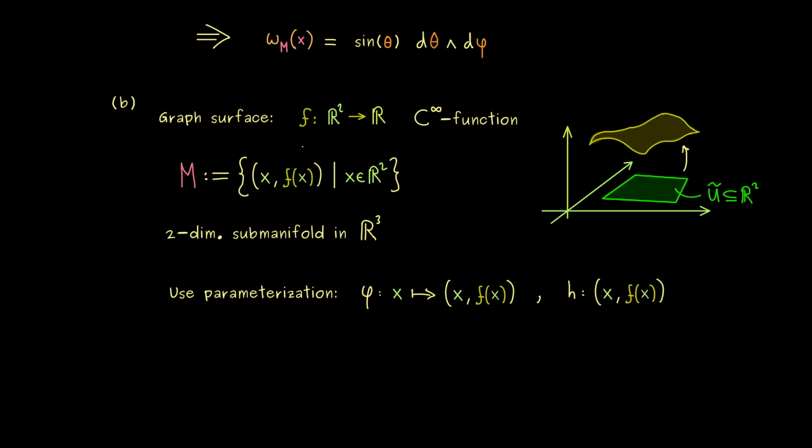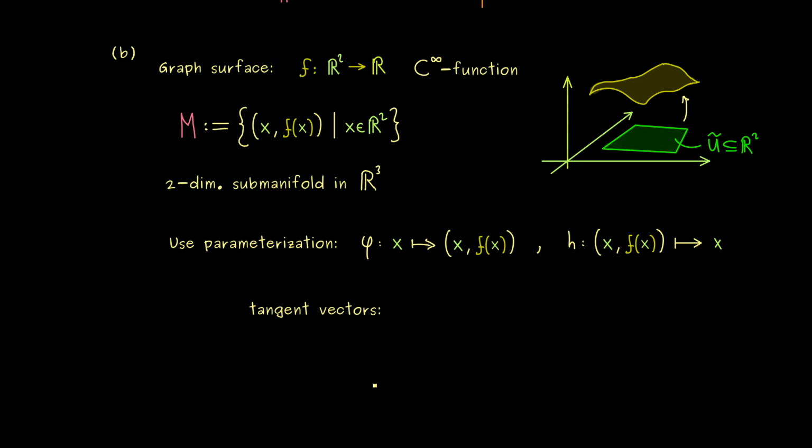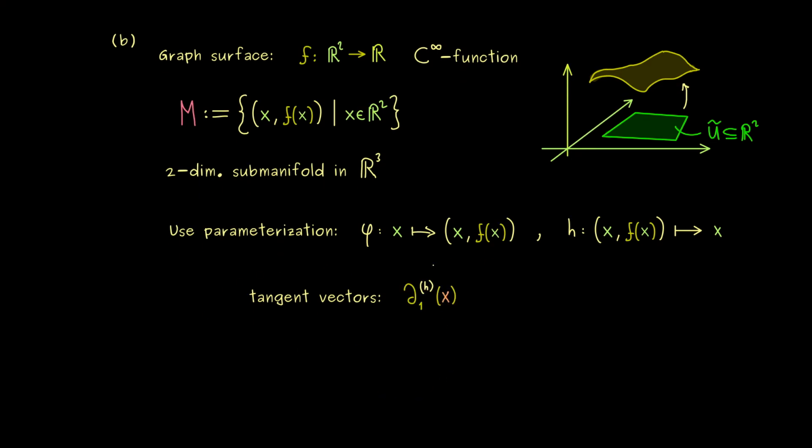And since we have a well-defined function f, we can also just go back. Hence for the chart h, we just project back. Okay, and then we can just calculate tangent vectors, namely we calculate the coordinate basis of the tangent space. And as common for submanifolds, we can identify the tangent space with a subspace of the tangent space of R3.